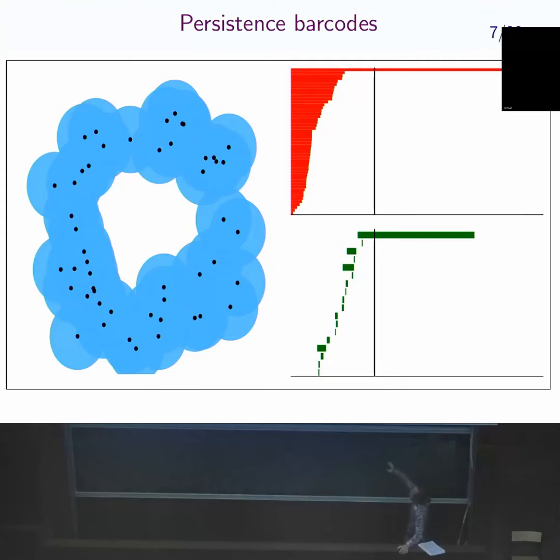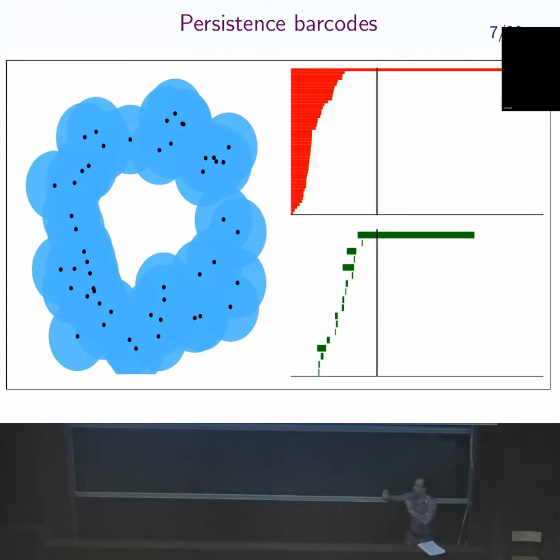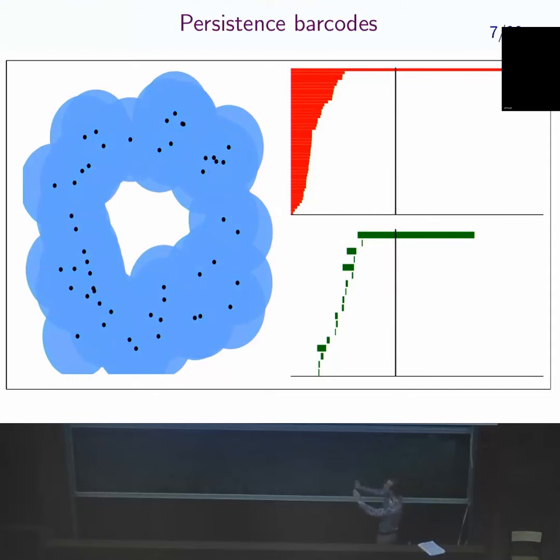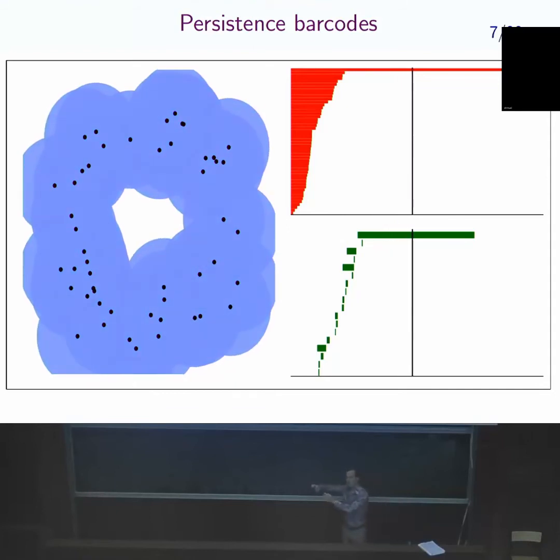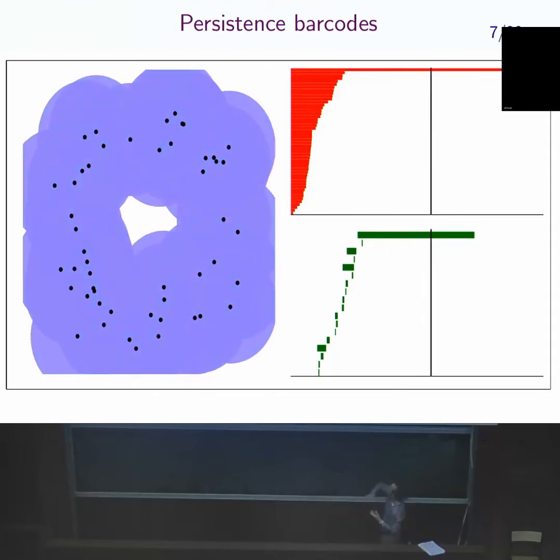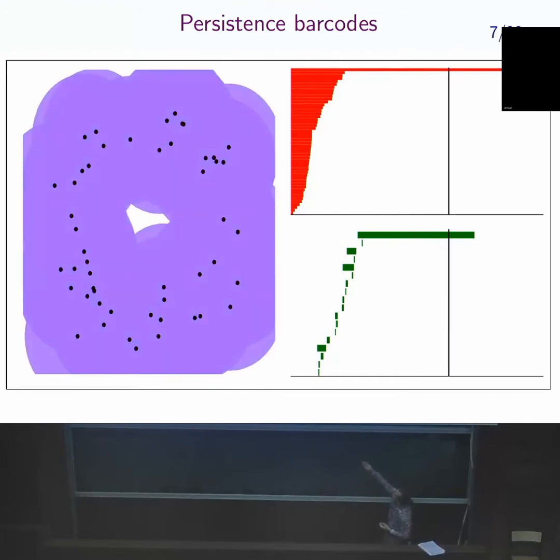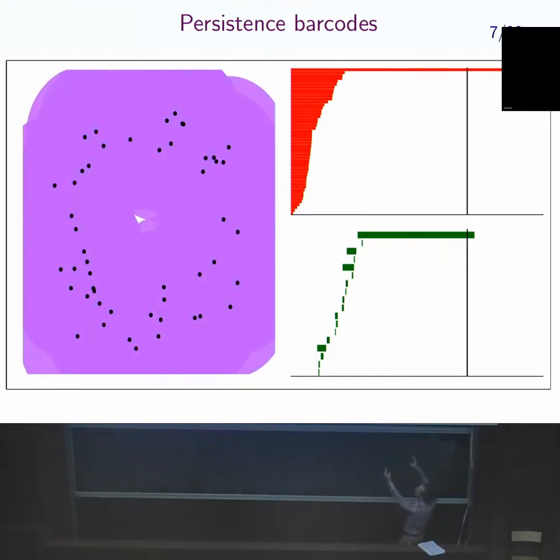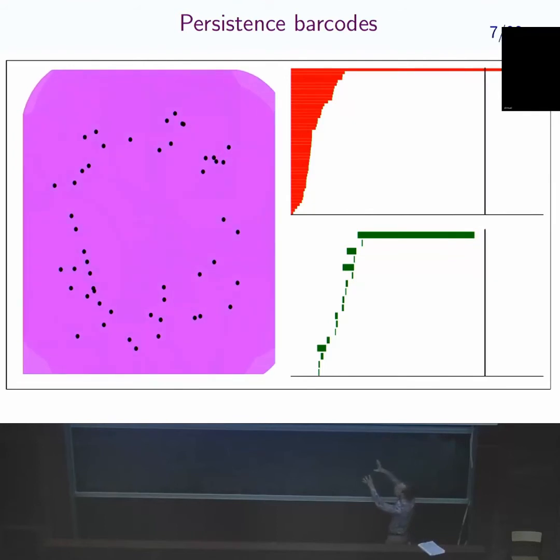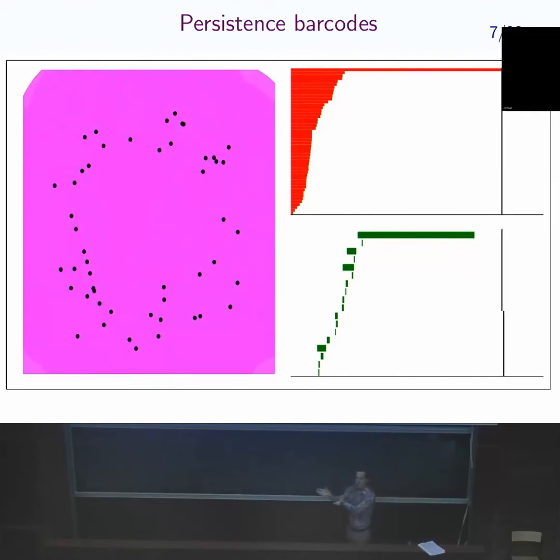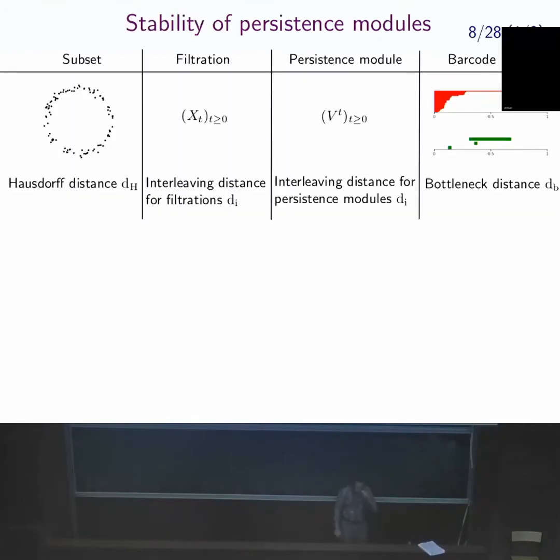And moreover, in these barcodes, we are able to track these cycles and see how long they survive in the filtration, how long they persist. So for instance, this cycle here persists until the end of the bar, when my thickening becomes a disk point. So we have 4 objects here.